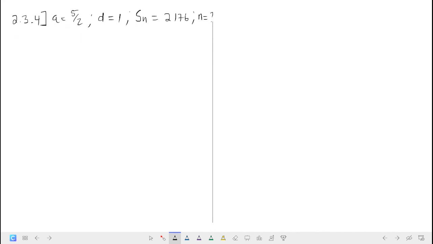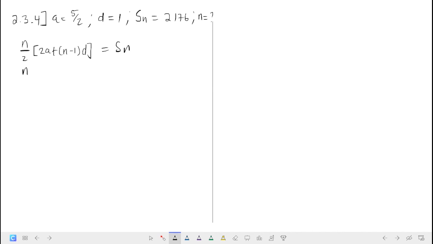We're going to use the formula for the arithmetic series, so we write n over 2 into 2a plus (n minus 1)d equals Sn. The way I wrote it is so that I can solve for n.